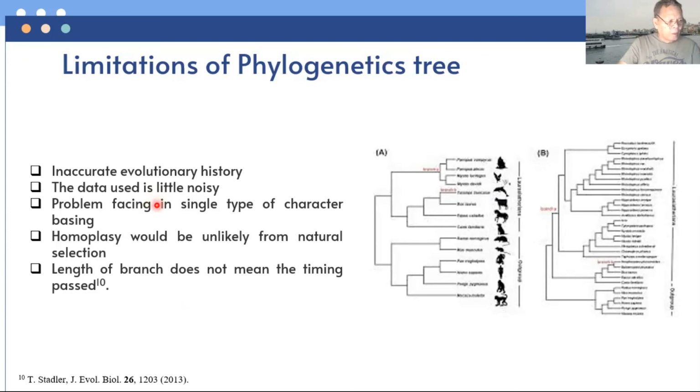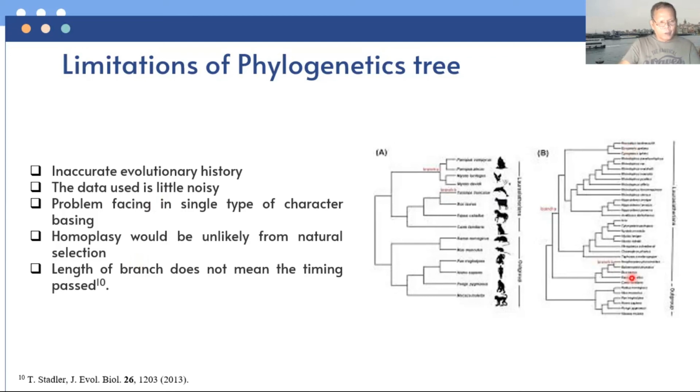And length of range does not mean the timing past. So let's see this one, a phylogeny tree of different organisms. Then this B, you can see this one. This is a phylogeny tree made by using gene sequencing.